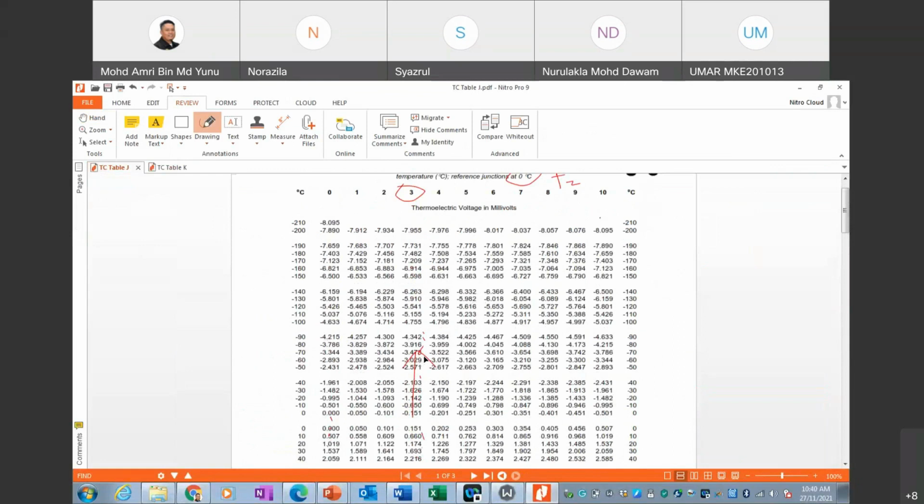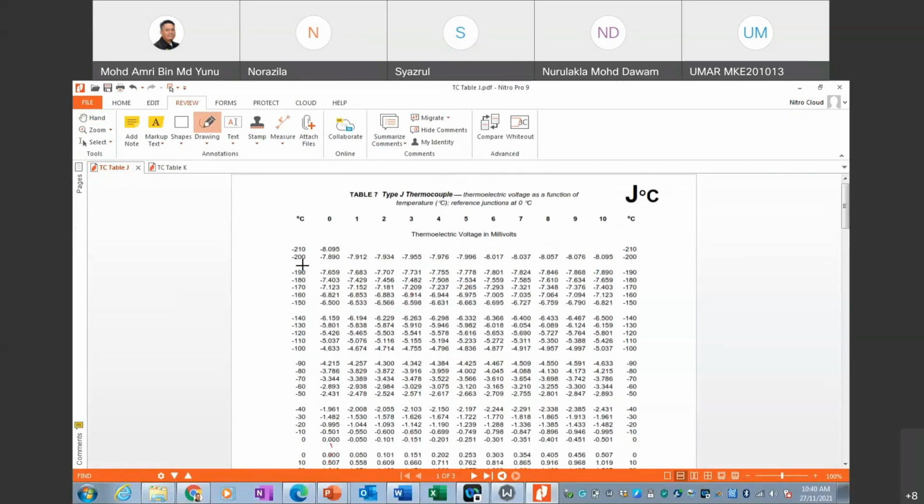Okay, negative range, we have to pay attention a little bit at the negative range. Negative 172. So the example said negative 172.